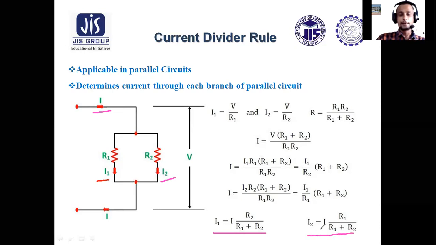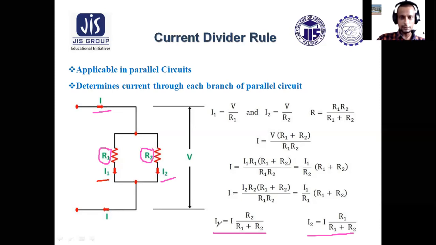Now, if you observe here, the I1 current is flowing through the R1 resistor, and the I2 current is flowing through the R2 resistor.